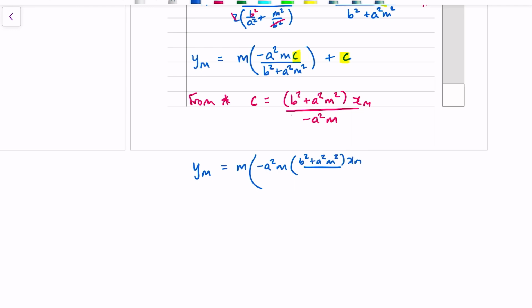It's not going to be a mess much longer because the a squared m's are going to cancel. Gosh, what have I got? Oh, that's just putting in the numerator, then divided by b squared plus a squared m squared, and that's all times together, and then we've got a plus c.